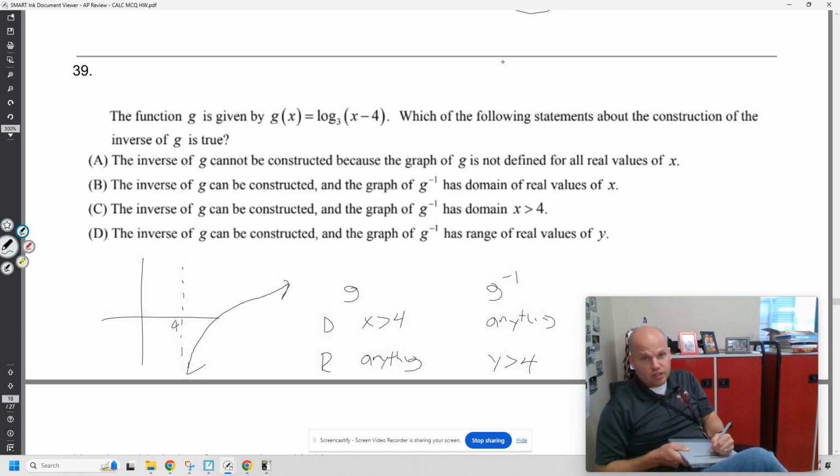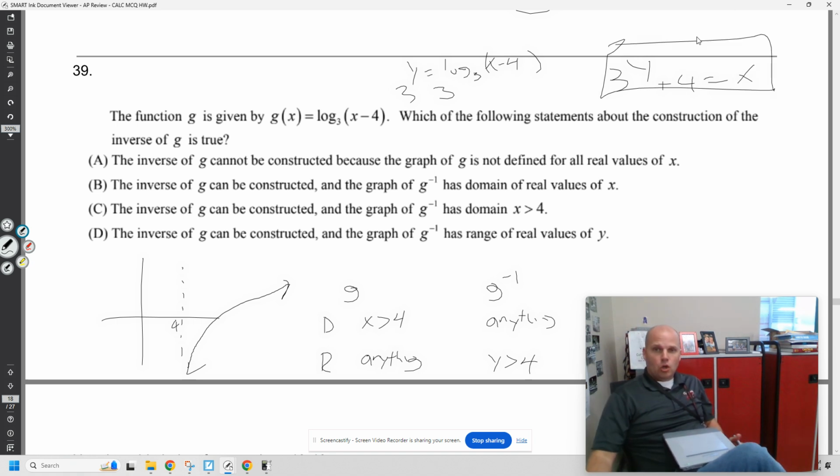Can we construct this inverse? Yeah, sure. Like if I have y equals log base 3 of x minus 4, if I asked you to do it, take 3 to the power of both sides, add 4. You get 3 to the y plus 4 is equal to x, and that would be the inverse function. So what would it be? The domain, my inputs could be anything, but my outputs have to be bigger than 4. That makes sense.